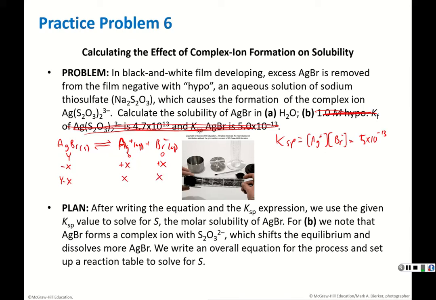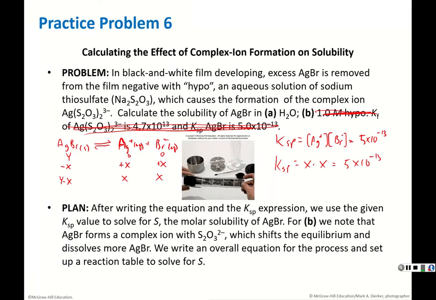Okay, so we don't really know anything about Y, so we can't really speak to how much we're starting with in that, but we know how much is going to come into solution of both the ions based on the KSP value. So we would set this KSP value, it's just going to be X times X, so X squared equals 5 times 10 to the minus 13.